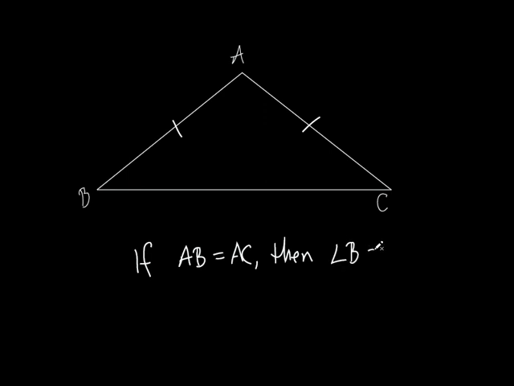Right, angle B equals angle C. Good. Why? What's the reason? It's because of the isosceles triangle theorem. Okay? Make sense? So if the two sides are equal, that means the two angles are equal. Why? Because of the isosceles triangle theorem.